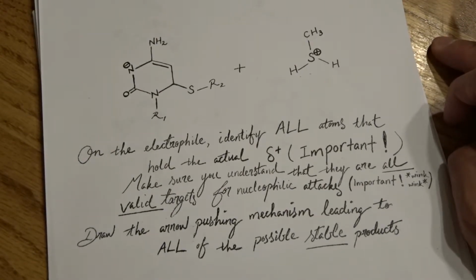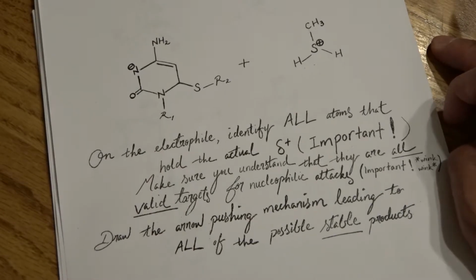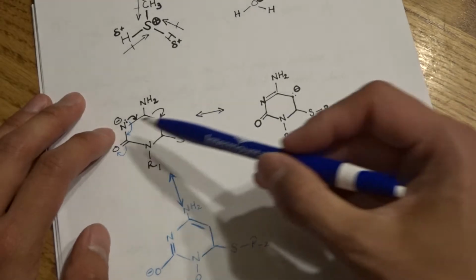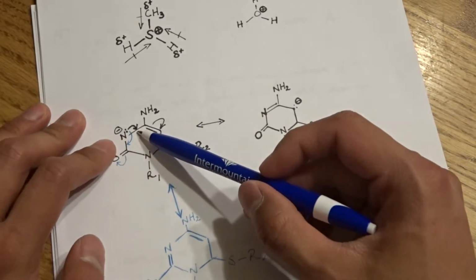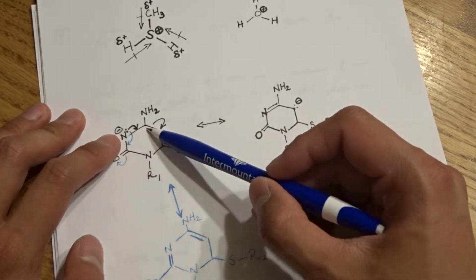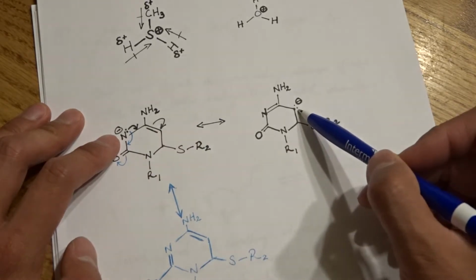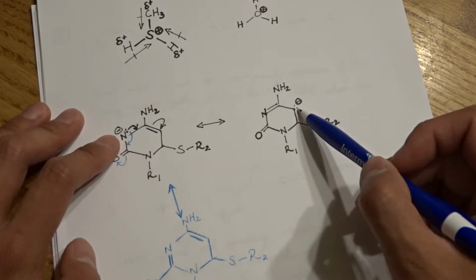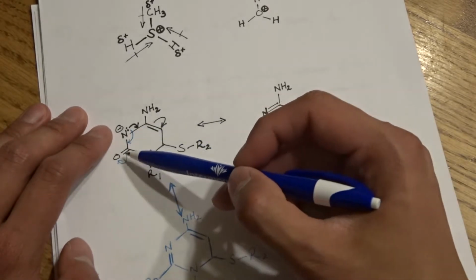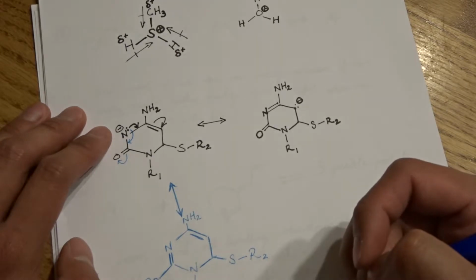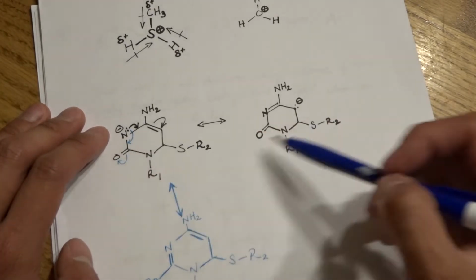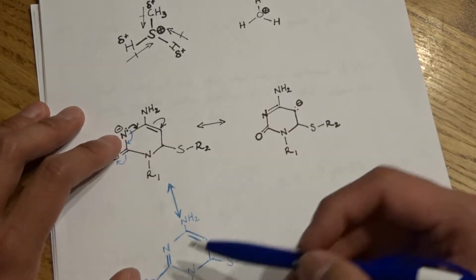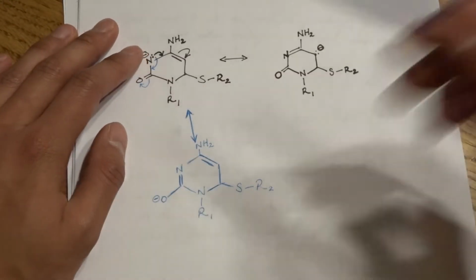So here we have our first atom that holds the negative charge, that is the nitrogen, and then you can resonate it to the right and up to this carbon atom right here. That will be our second nucleophilic site, and then you can move it down to that oxygen, and that will be our third nucleophilic site. So we have three nucleophilic sites, three atoms: the nitrogen, carbon, and oxygen down here, okay?